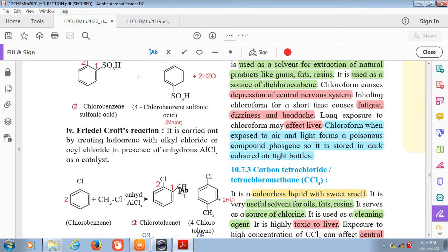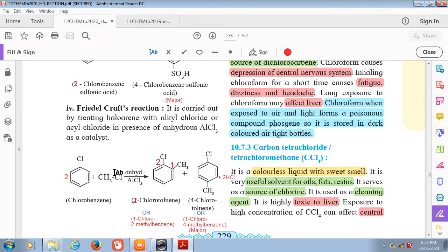Then if we have to substitute an alkyl group, for example methyl chloride is the reagent, then we can substitute the hydrogen from ortho and para by this methyl group and we get 2-chlorotoluene and 4-chlorotoluene as products.